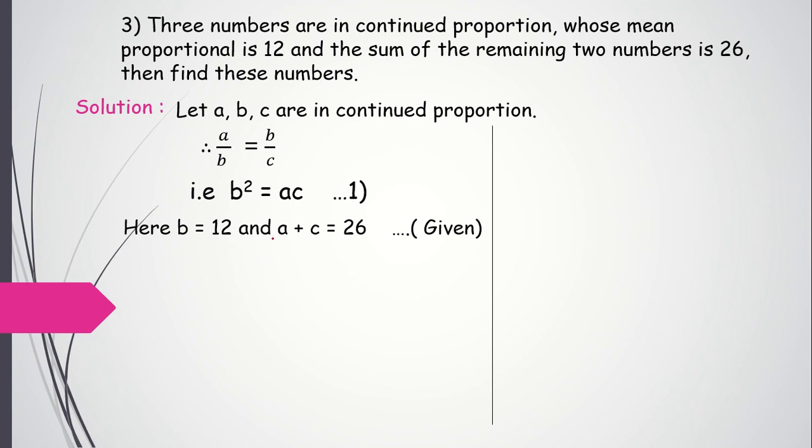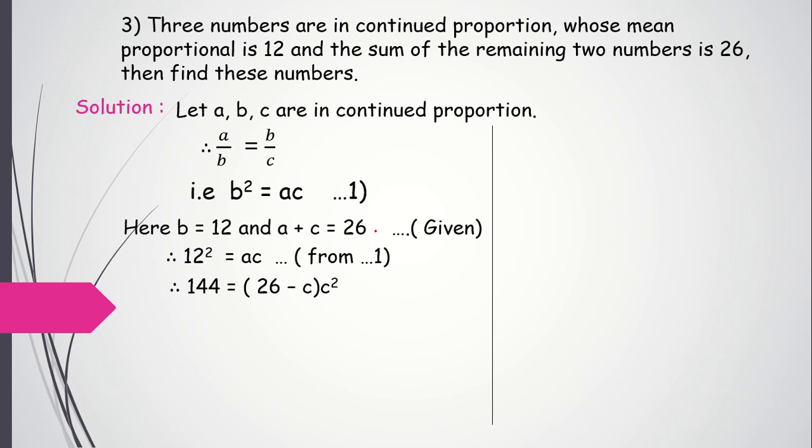And B is equal to 12 is given and something else also is given. Sum of the remaining two numbers is 26. So we know A plus C is 26. This also we know. And we know that B square is AC, that is 12 square is AC, that is 144 is equal to AC. Now in place of A we have put 26 minus C. How? From here.